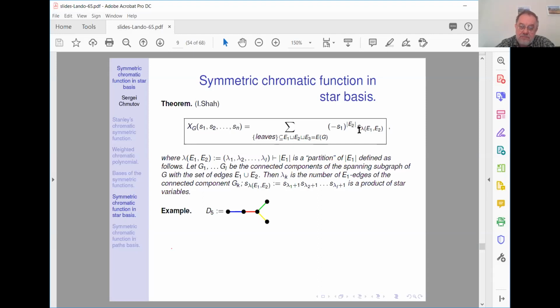And then I multiply by S corresponding to a partition, some lambda, a partition of the number of edges in E sub 1. I put quotation marks on partition because actually zeros are allowed here. So there might be zeros as well. And it is defined like that.